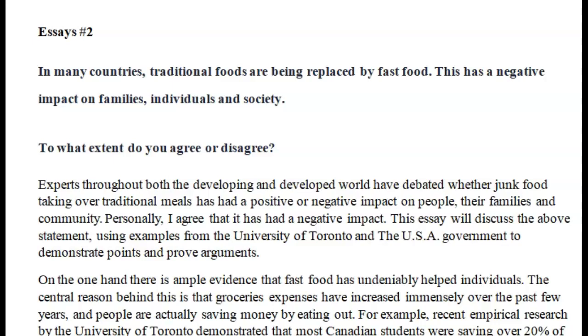Let's just say, for example, if that's the case, you need to state that very clearly in your introduction, because remember, in Band 7, Task Achievement, it says position is expressed clearly throughout the response. Throughout is the key word there, okay? Because throughout means from the beginning to the end. So this is what's important: that whatever position, whatever you're going to actually talk about in your body paragraphs, you state this very clearly in your introduction. I hope that is clear.